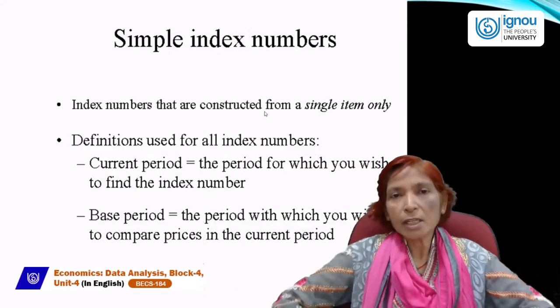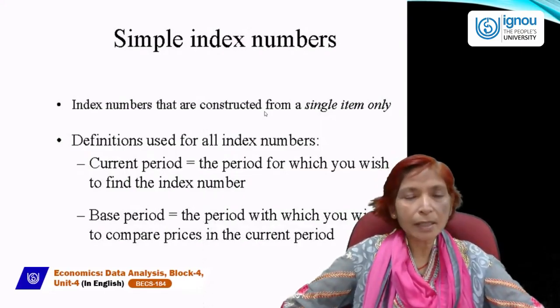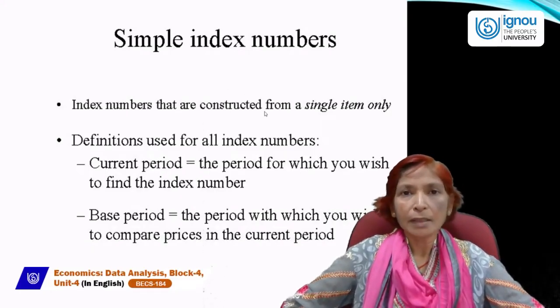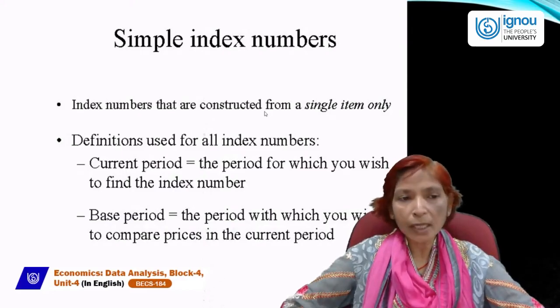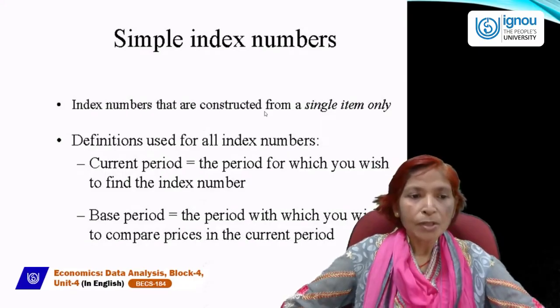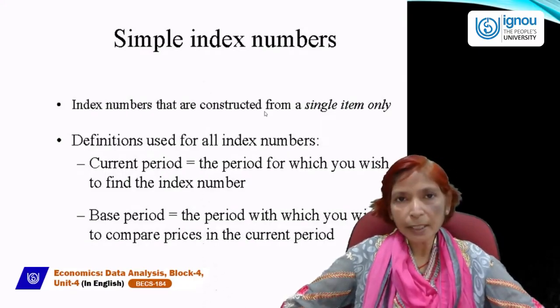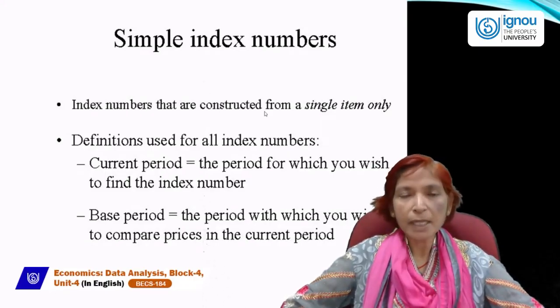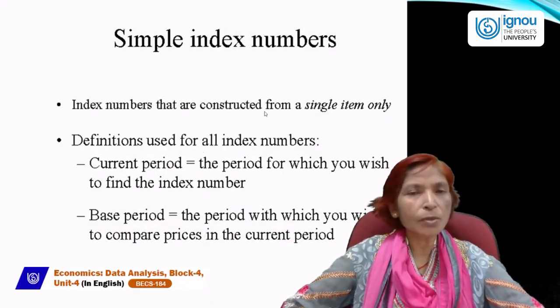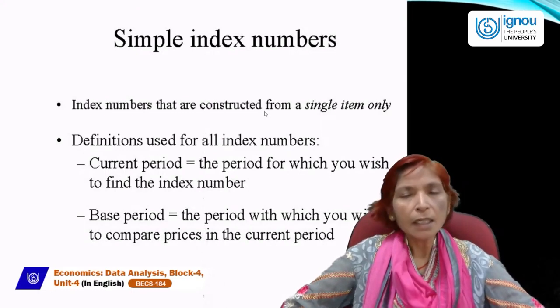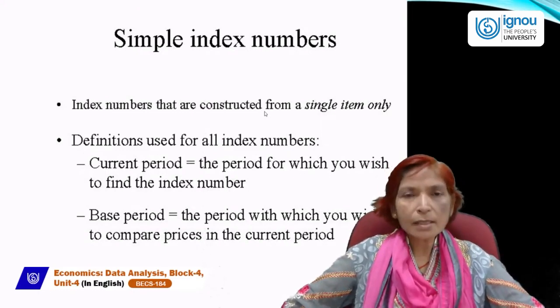So simple index number is very simple. It is clear by its name. It only compares the base year price and current year price; the ratio between these two things we can compare with the help of this simple index number. The current period is the present time period, and whatever base year is given, like 2021, 2020, 2019, 18, 17, all these time periods are known as base year period.